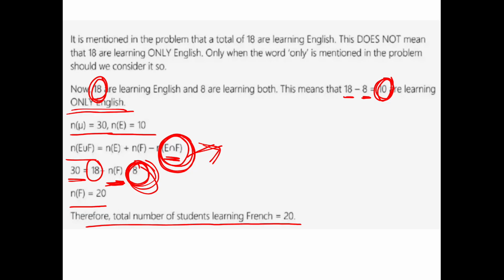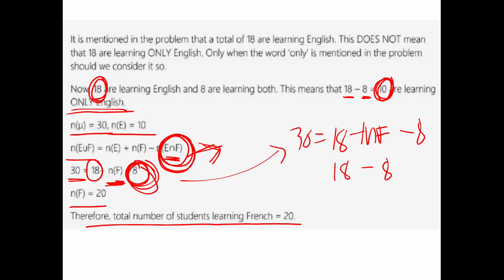To get the value of 20, this is what we do. First, we have 30 equal to 18 plus NF minus 8. So, 18 minus 8 is 10, plus NF.